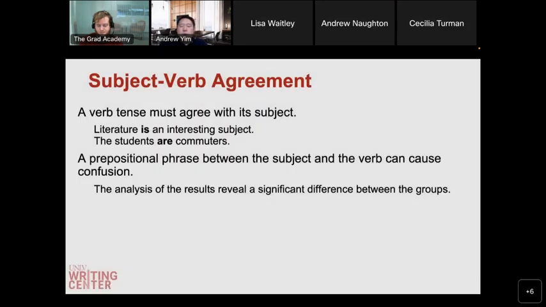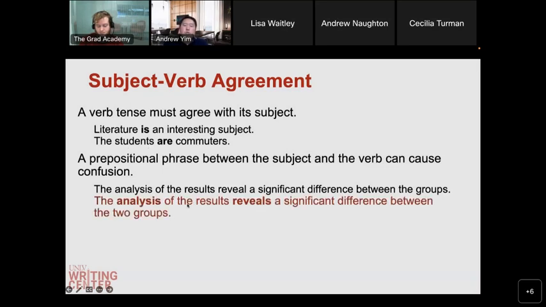The next one that can also be difficult, and we forget about sometimes, is subject-verb agreement. When we talk about subject-verb agreement, it's the idea that both the verb and the subject agree with each other. Generally, the rule is, if you have a singular noun, then it is; if you have a plural noun, you'll use are.